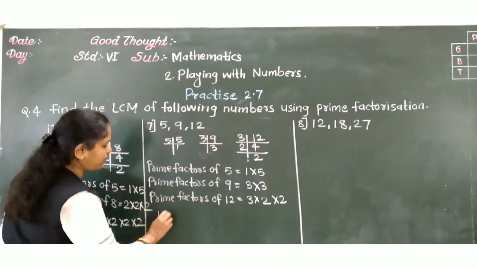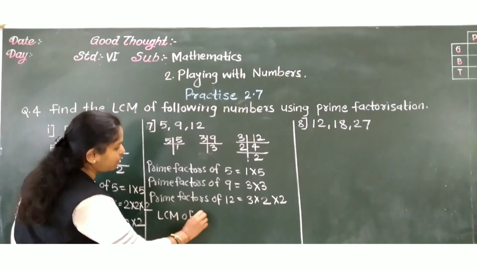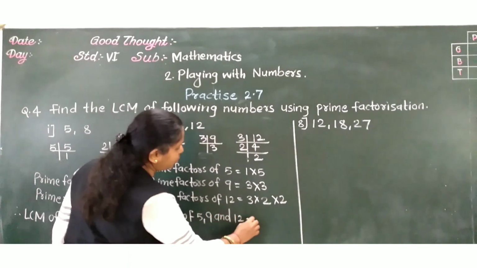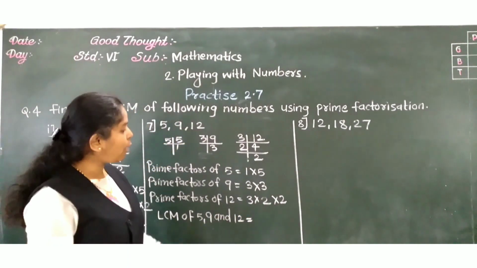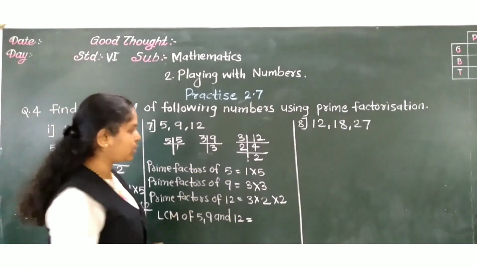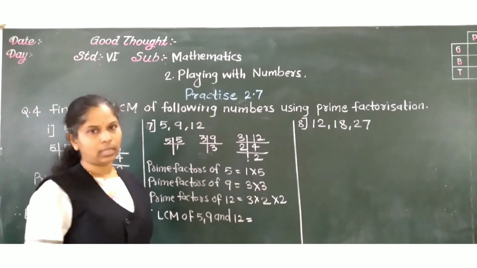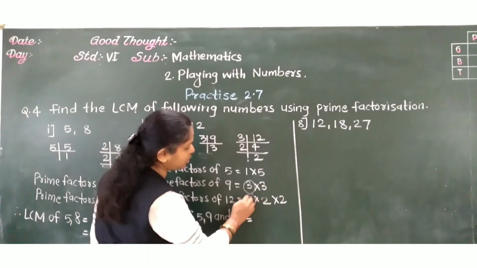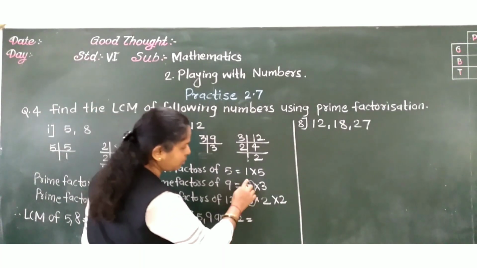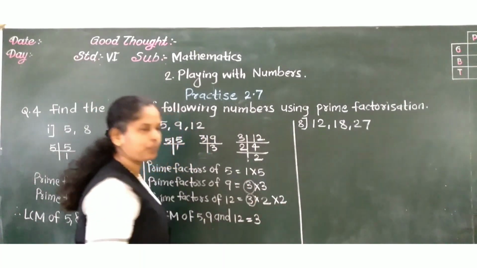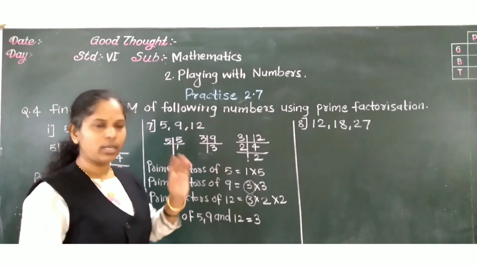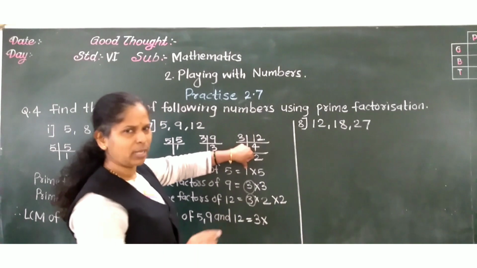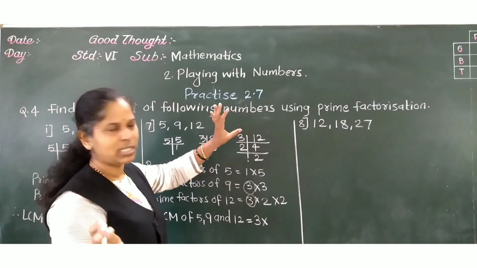Now LCM of 5, 9 and 12 is equal to, how to find out? We have to first find out the common factors. Now in all three numbers nothing is common. So compare these two. Here 3 is here, here 3 is there. Correct? So write this pair only one time. Now all remaining uncommon numbers we have to write. You can write 1 or skip it also, because multiplying with 1 will give the same.